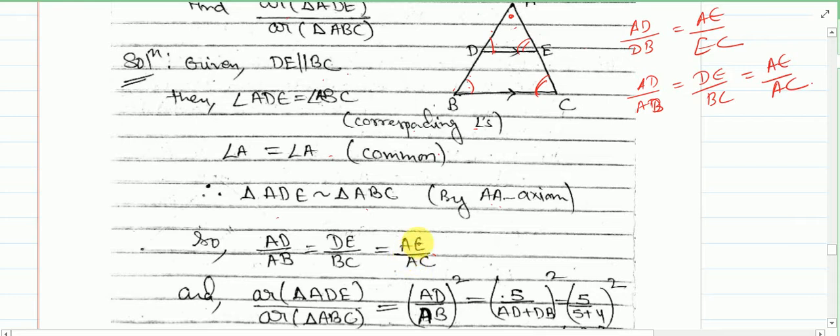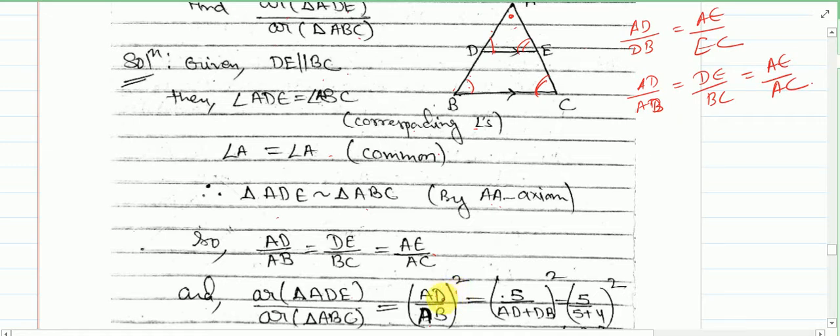Now the area of triangle ADE upon the area of triangle ABC. On the left you can see the area of triangle ADE is written in the numerator, so on the right hand side, make sure that in the numerator you have the side of triangle ADE only. So the area of triangle ADE upon the area of triangle ABC is equal to AD upon AB whole square.